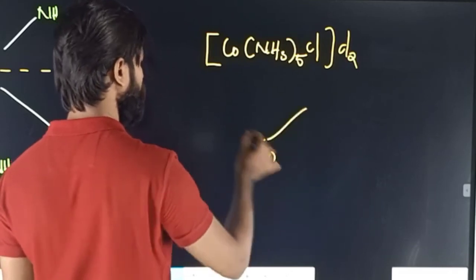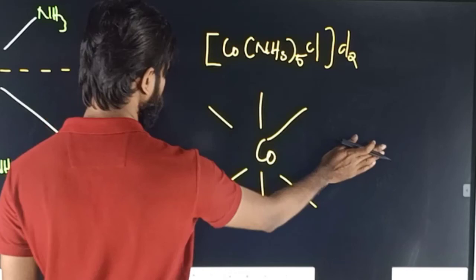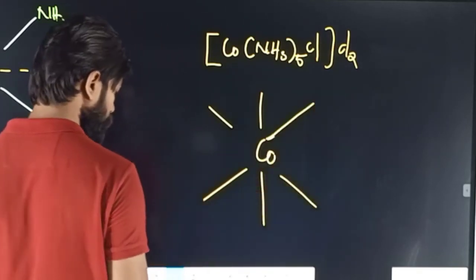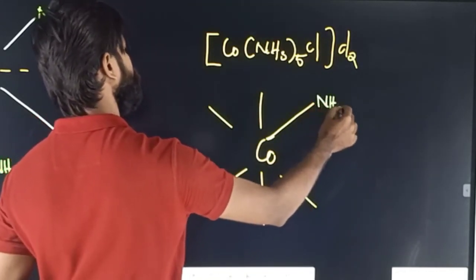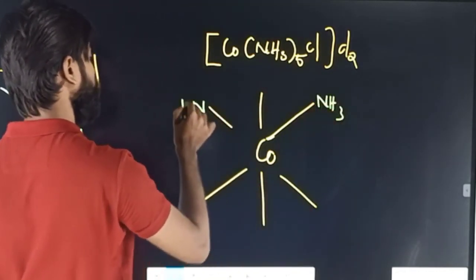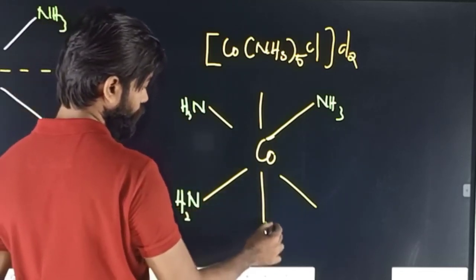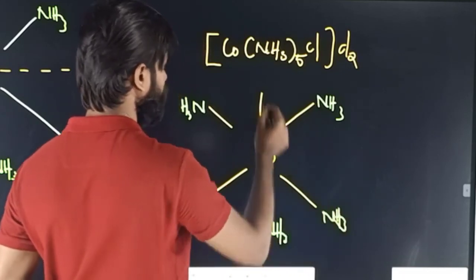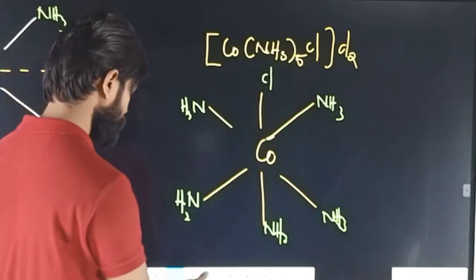So once again the secondary valency is 6, having a geometrical pattern of octahedral. So find which is satisfied by 5 NH3. Listen carefully, and the one is a chlorido ligand.